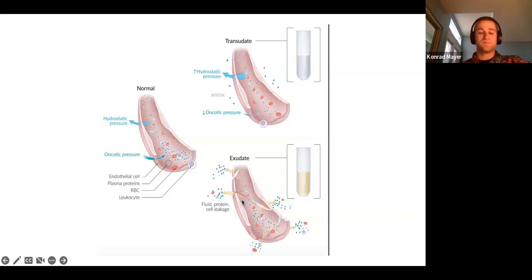Our red blood cells, our white blood cells, the protein, LDH, all that stuff is leaking out of damaged capillaries and small lymph vessels. This is called an exudate. An exudate has a lot more stuff, so it is not clear. It is often cloudy or yellow, straw colored. Transudate is clear and better. So I hope this slide helps you understand transudate versus exudate and gives you a picture in your head.